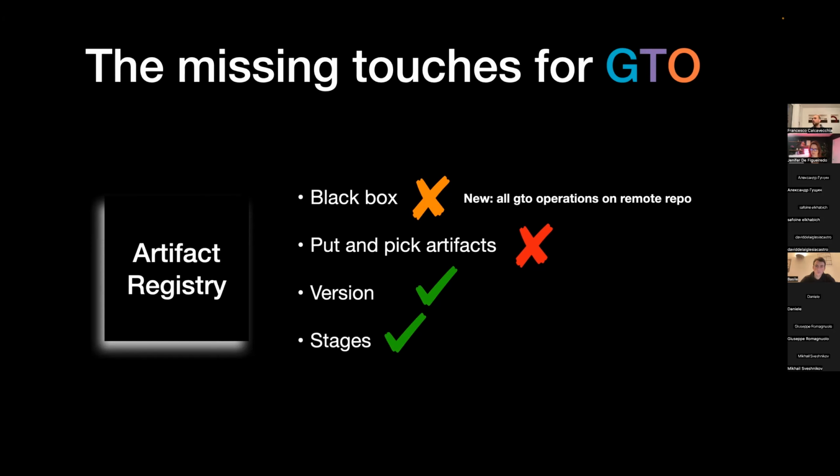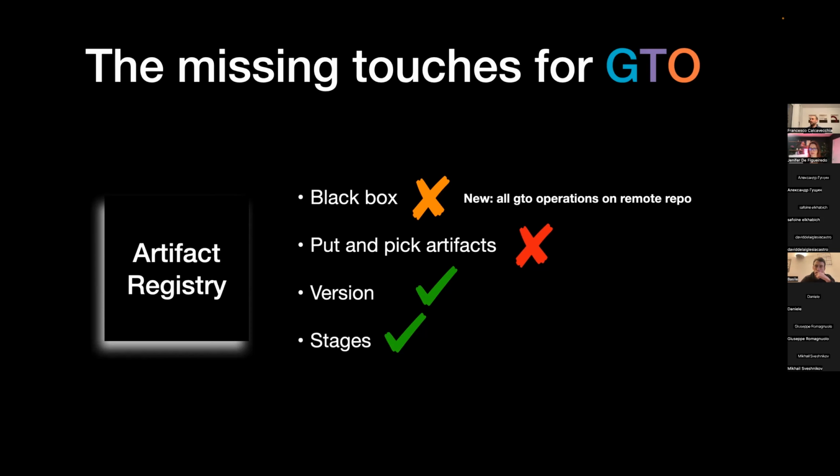But I also want to mention that some steps in this direction have already been done. For example, now GTO can be run against a remote repository, where I contributed, even though I think 98% of the credit goes to Alex, but anyway, I contributed as well. I think it is a great step forward, because previously I always needed to git clone the Git repository, because GTO was working only for a local repository.